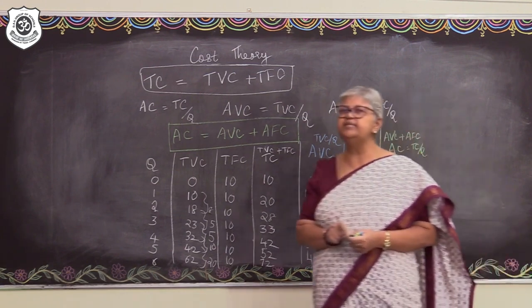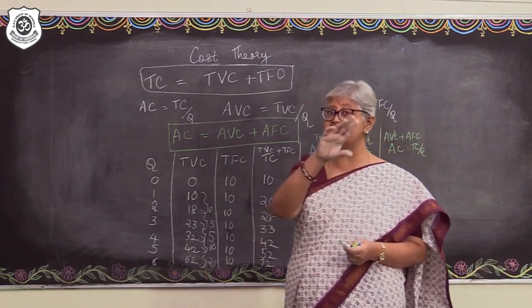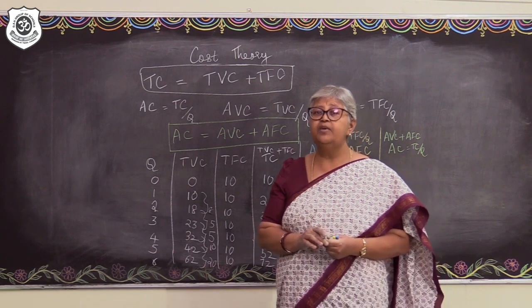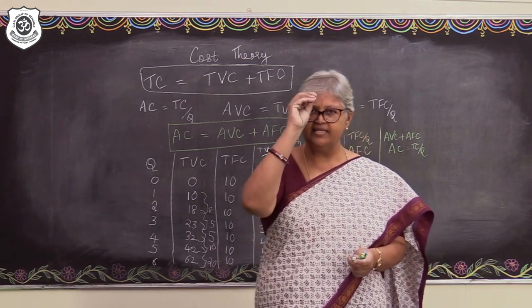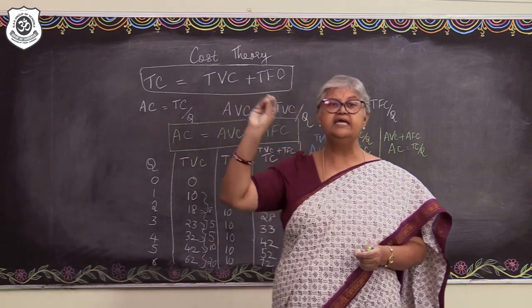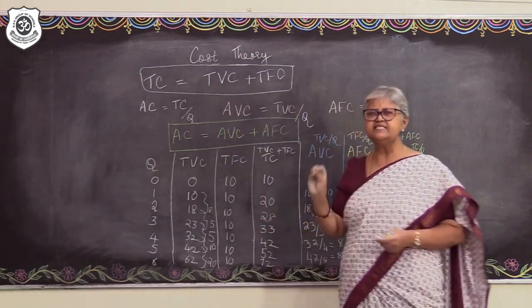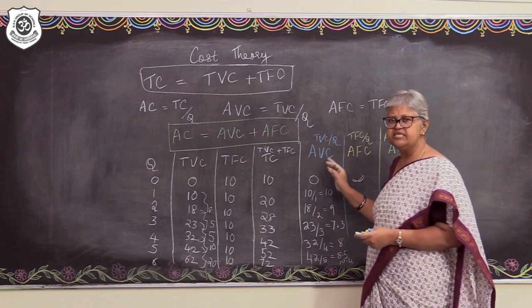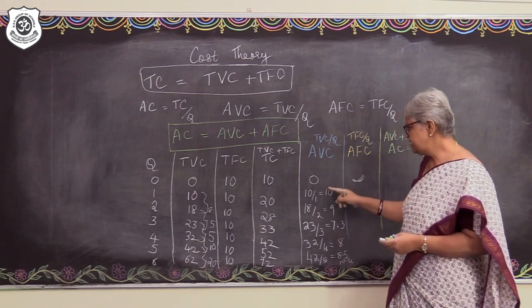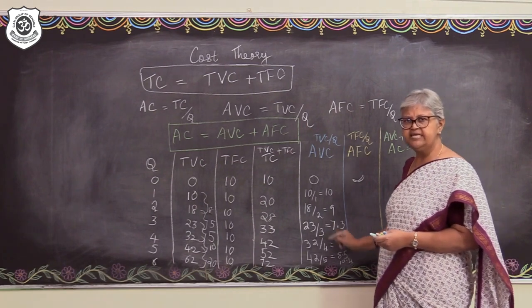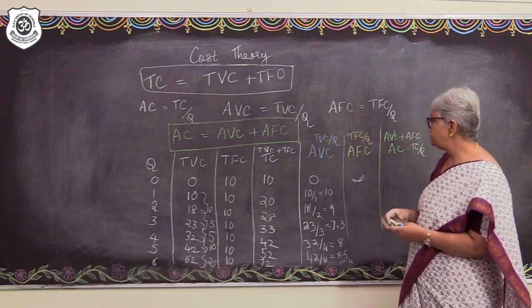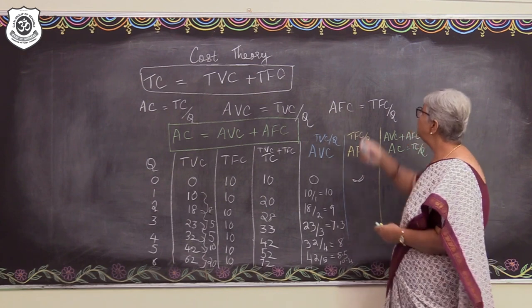I want you to recollect the behavior of the average cost from the previous clipping. You have understood that both the marginal as well as the average cost, they fall and then they increase. Same is the case with the average variable cost. Yes. So let's try and show this through a diagram.